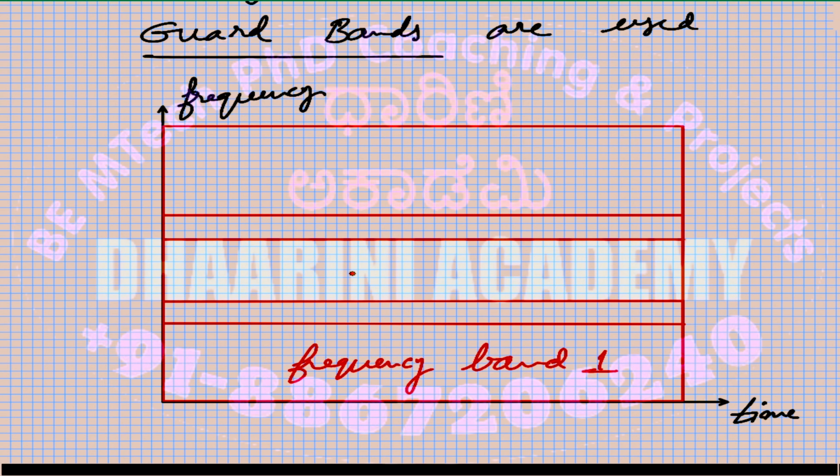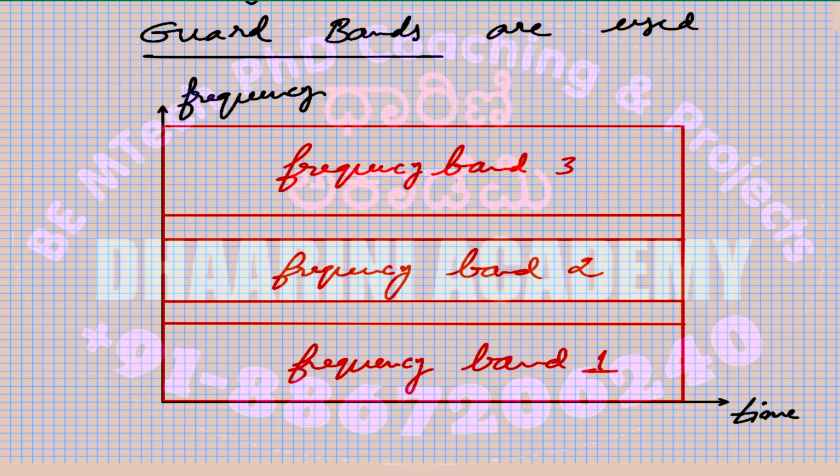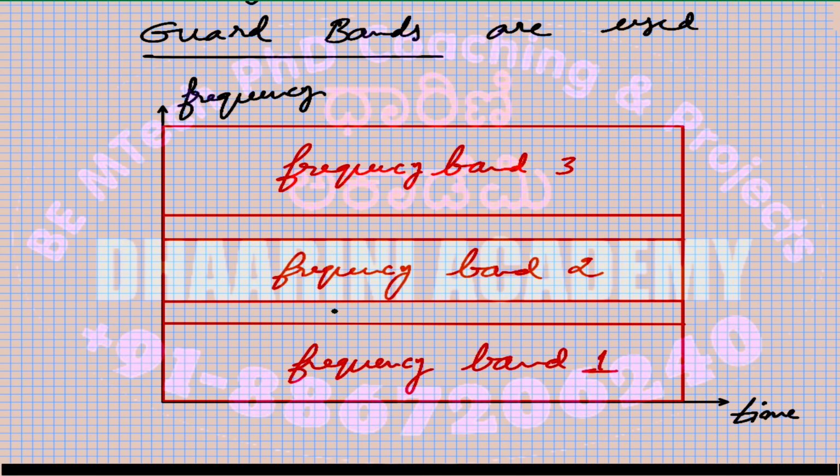So this is frequency band number 2, and this is band number 3. In the middle, I have what is called the buffer zone or the guard band. This is the guard band, and again I have another guard band like this.